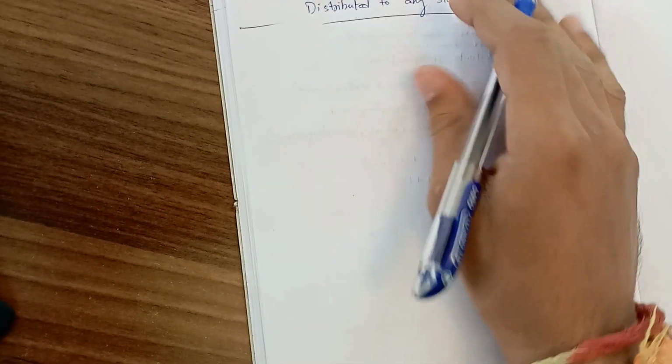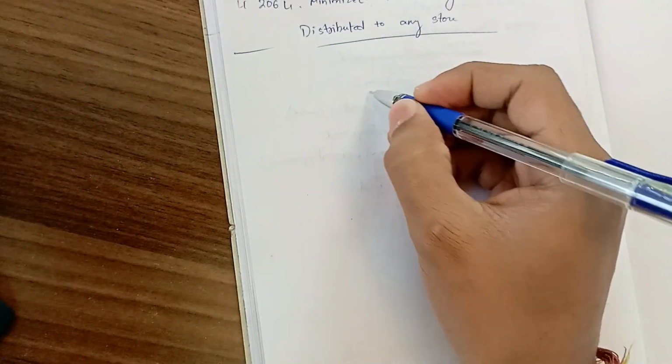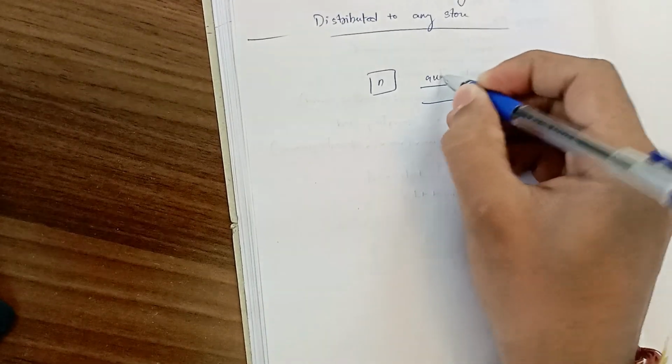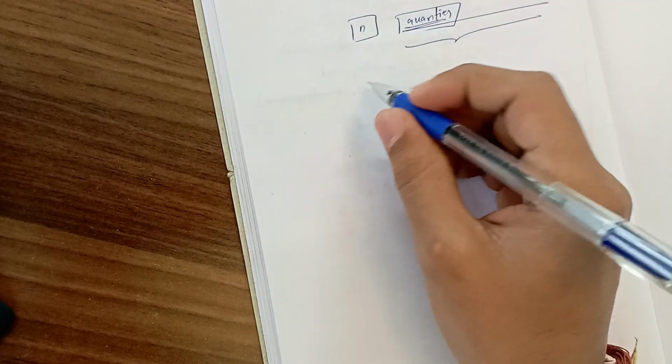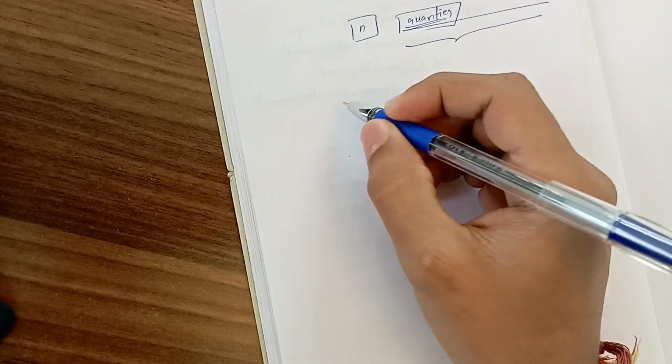So, in this question, we are given an integer n and an array named quantities. It's a zero indexed array, and now we need to distribute these quantities.